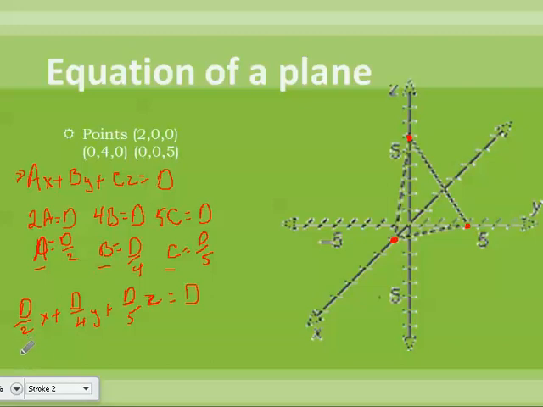So if I multiply the first one by 20 and divide by d, so multiplying by 20 is going to give me 10x plus 5y plus 4z equals 20.